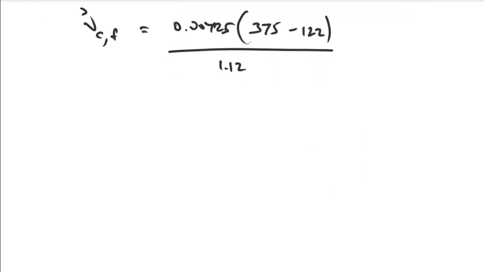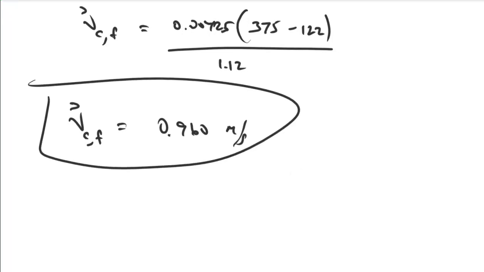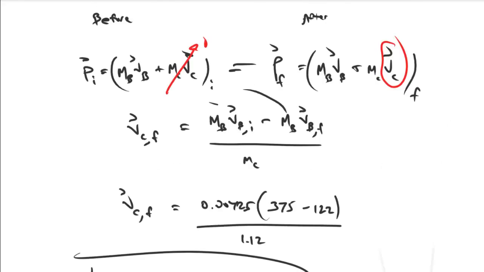The final velocity of the crate is equal to 0.96 meters per second.